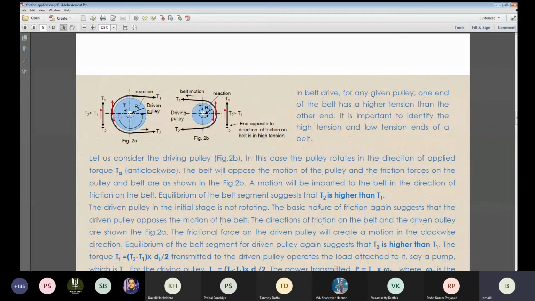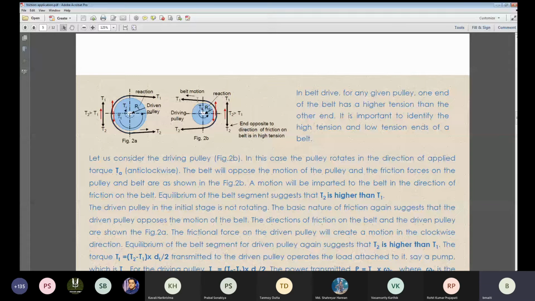As a matter of fact, this belt will be drawn over here. At the very beginning, I do not want to go into the complications, because this belt will be dragged just like any member. It will be pulled by this friction, and the moment it leaves the pulley, it will be relaxed.